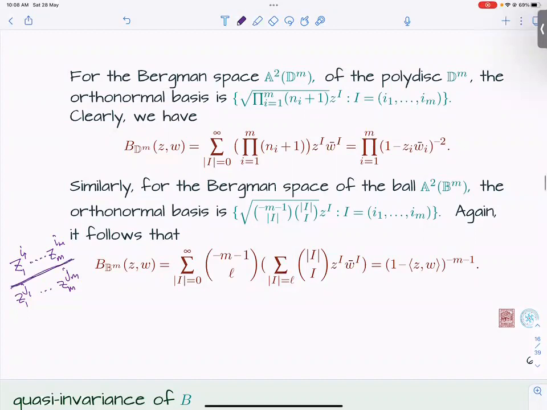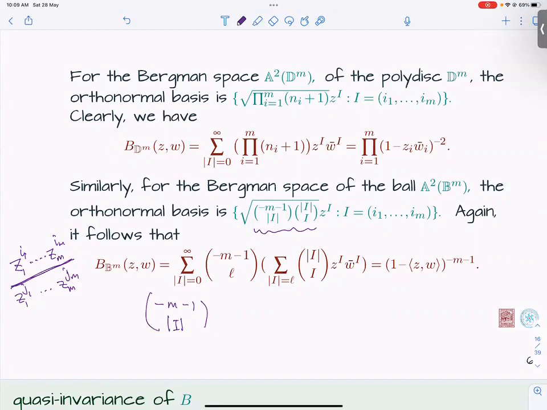That norm, if you look at, yeah, here it is written. If you look at z to the i, where the length of i is varying from 0 to infinity, the norm of such a monomial is as written here, minus m minus 1. You might wonder what that means. I'll tell you in a minute.